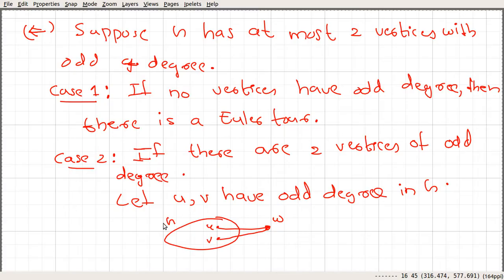Using G and W and adding these 2 new edges, we build a new graph H.